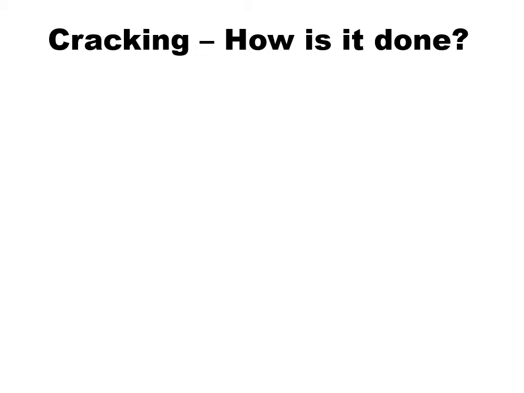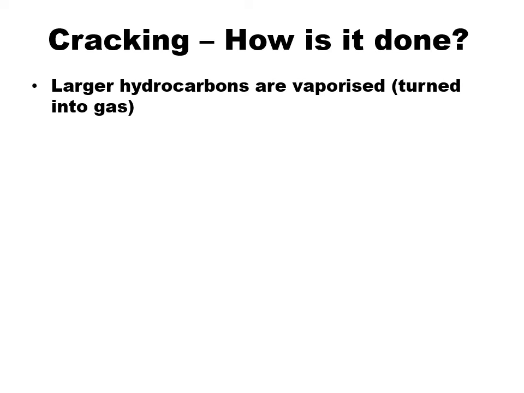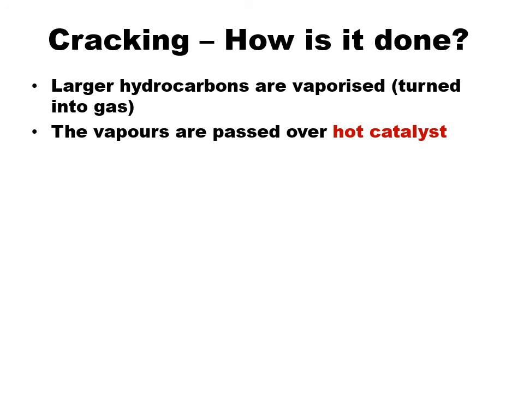Cracking, how is it done? Larger hydrocarbons are vaporized, which means they are turned into gas, and the vapors are passed over hot catalysts. Alright, so these are the two conditions that we need in order to do the cracking.